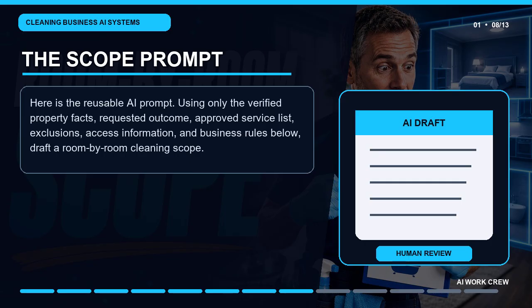Separate recurring tasks from first visit work and optional add-ons. Do not invent measurements, surface types, prices, safety claims, guarantees, or services. Mark every missing fact as unknown. The owner must review the final scope and approve all prices and promises.